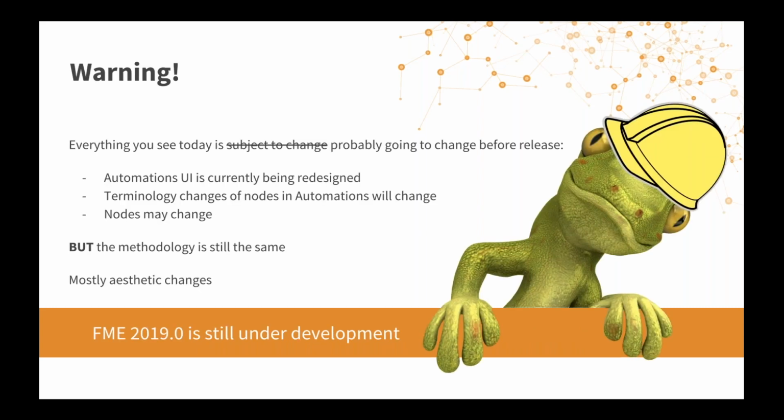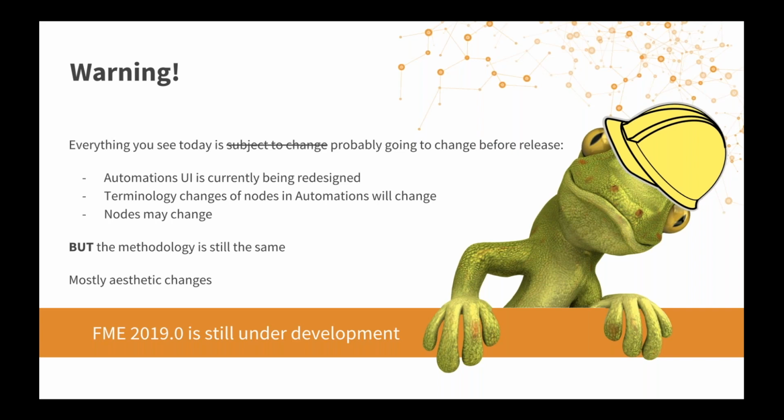Just to give you a bit of a warning before we get into the demos, we're going to be using FME Server 2019 during this webinar, which is still under development. Some of the things you're going to see today, we're actually showing off automations, which any longer term FME users might be familiar with. Automations has been coming for a while now, but in 2019 it's actually getting released properly. So we're going to be giving you a preview of that this morning and building these workflows in automations.